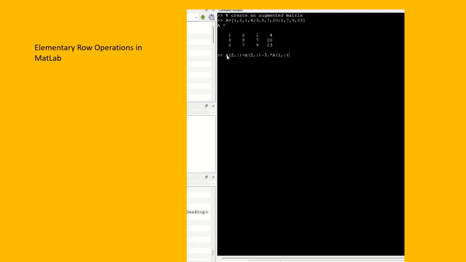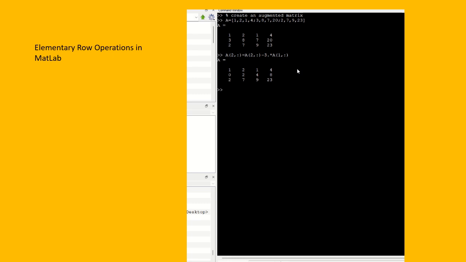So we take this formula, the second row of A minus 3 times the first row of A, and whatever that is, we store that in this assignment statement as the second row of A. Let's hit enter.